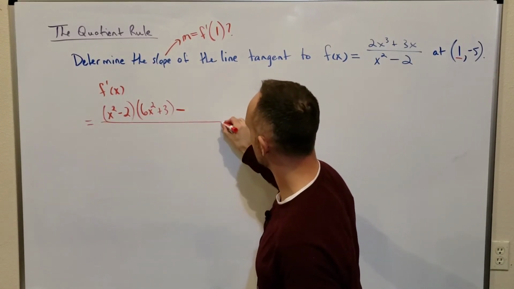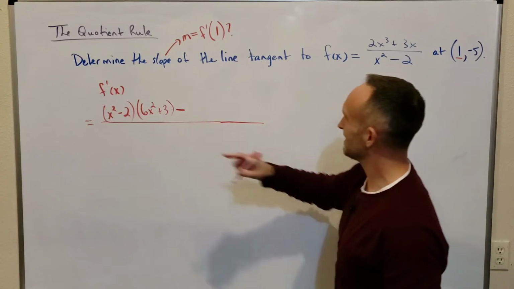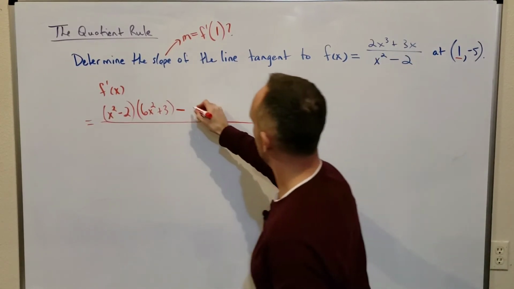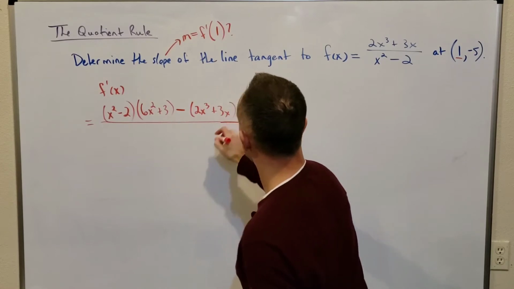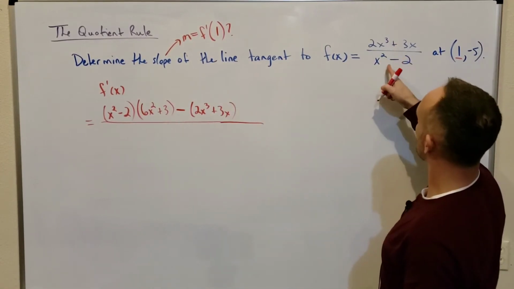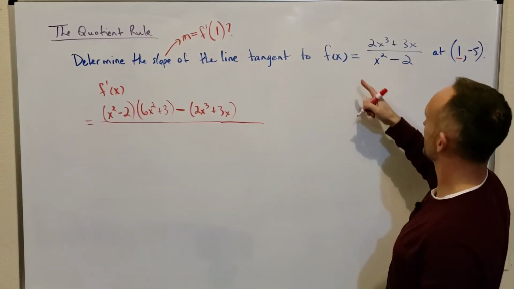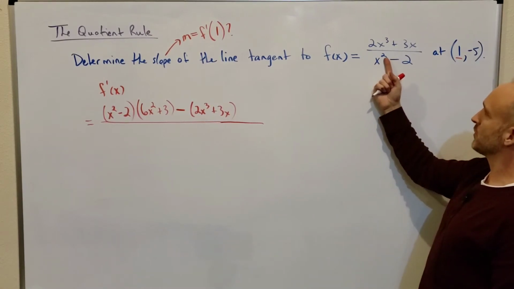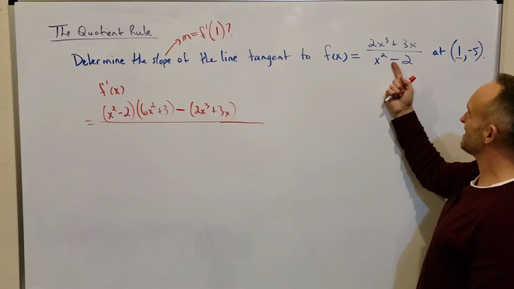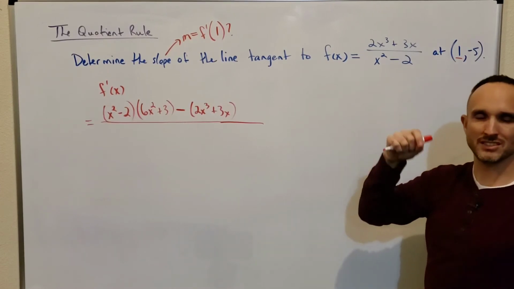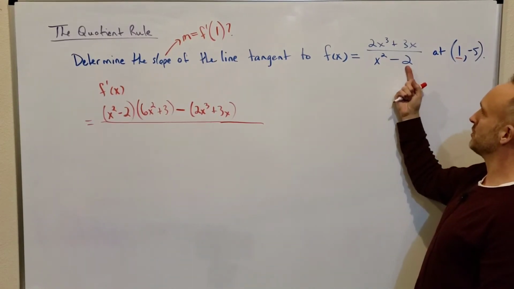Minus, again minus, not plus, minus the top, so that's 2x cubed plus 3x, that's the top, times the derivative of the bottom. Well, the derivative of x squared becomes 2x to the first, or just 2x, minus the derivative of 2, since it's constant, the derivative of 2 is 0.